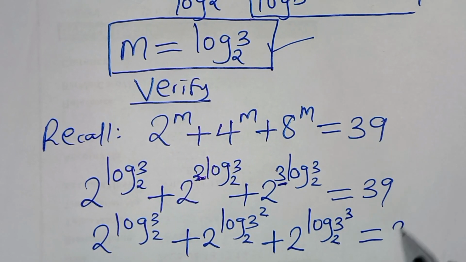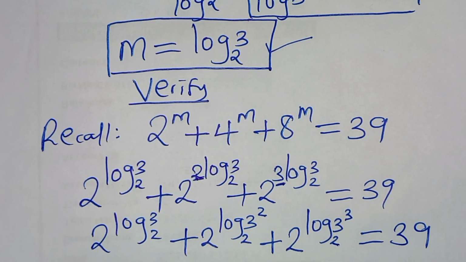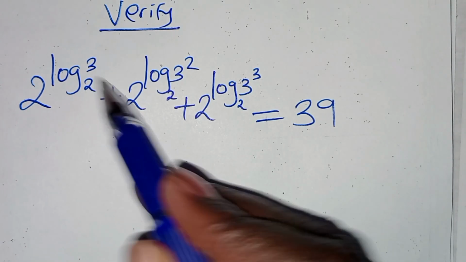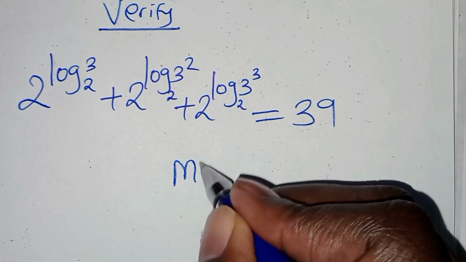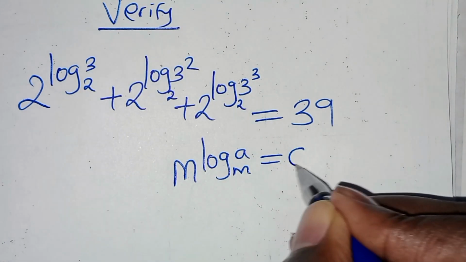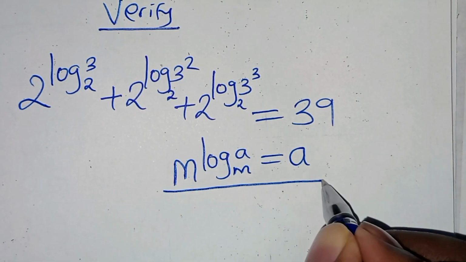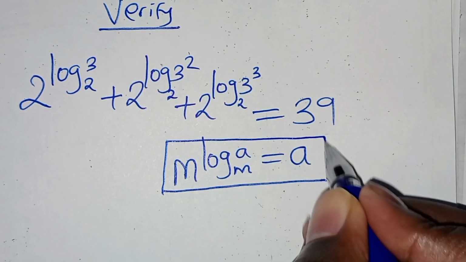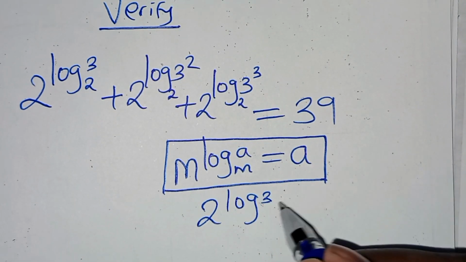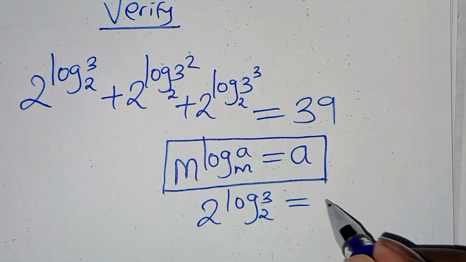This should give us a value of 39. Now we have 2 to power log 3 to base 2, which is in the form of m to power log a to base m, which will give us a value of a. Applying this logarithm property, then we have 2 to power log 3 to base 2. This will give us a value of 3.